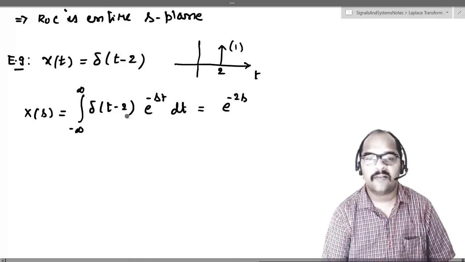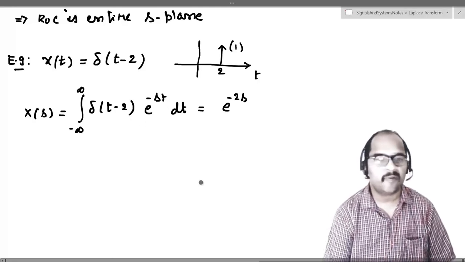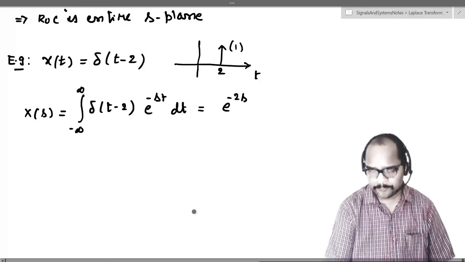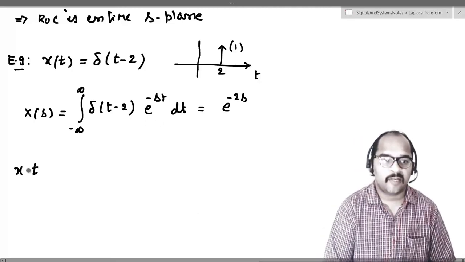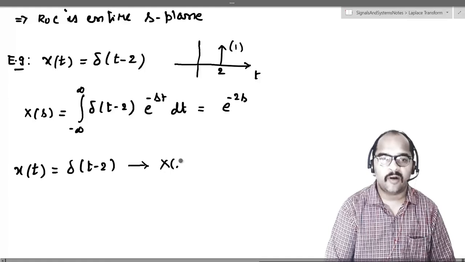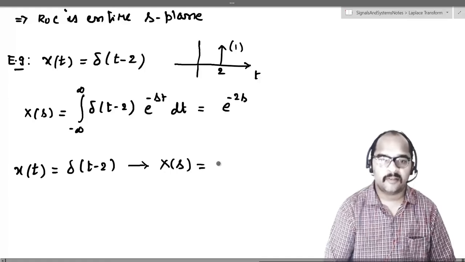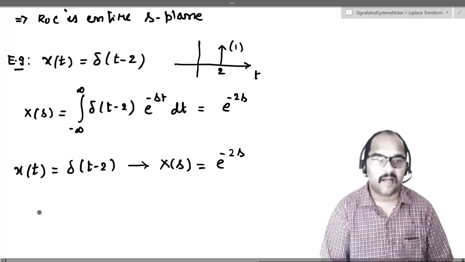Why? Delta of t minus 2 exists at 2. You substitute t with 2, you'll get e power minus 2s. Okay, now let us write down what we have got. x of t is equal to delta of t minus 2. We got x of s to be equal to e power minus 2s.